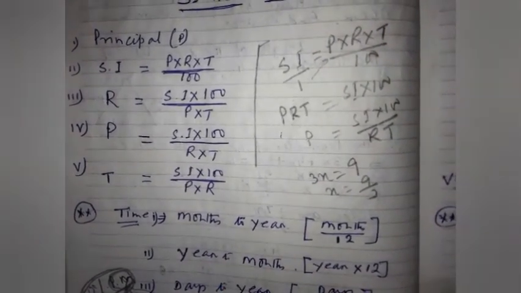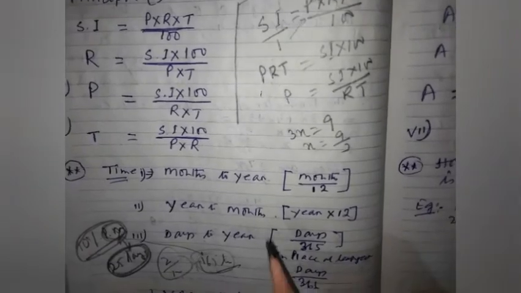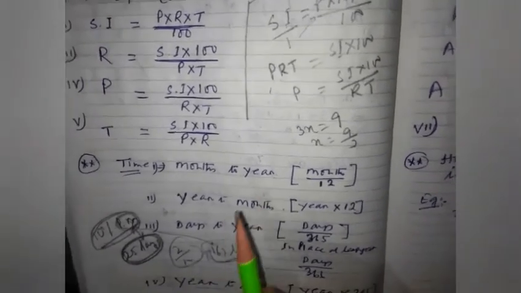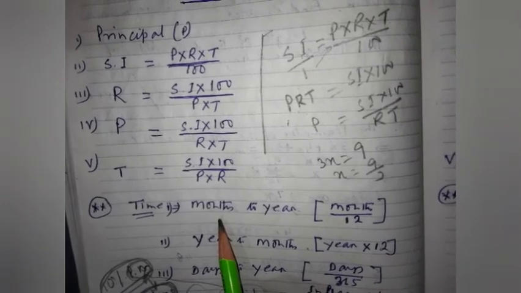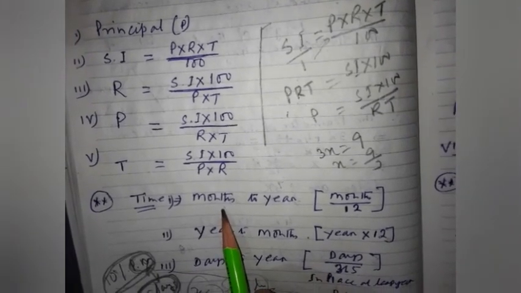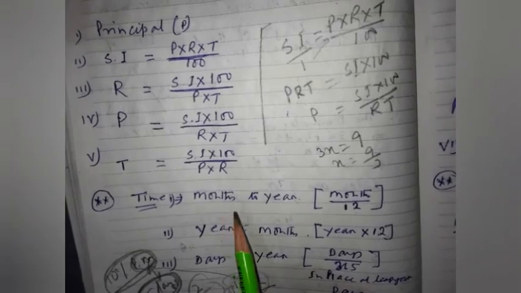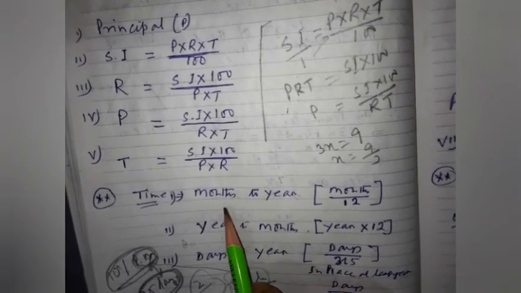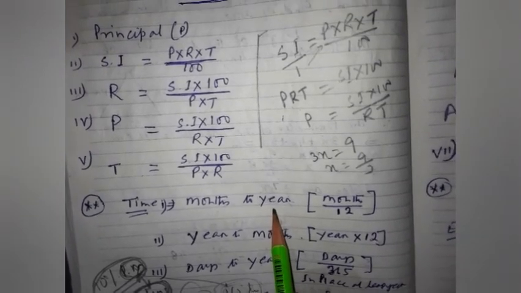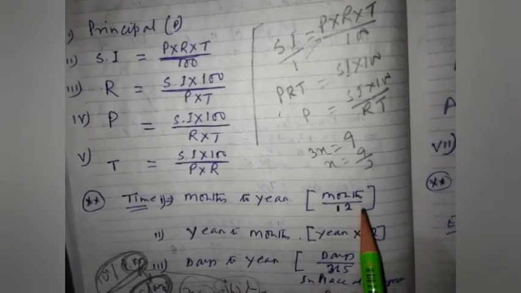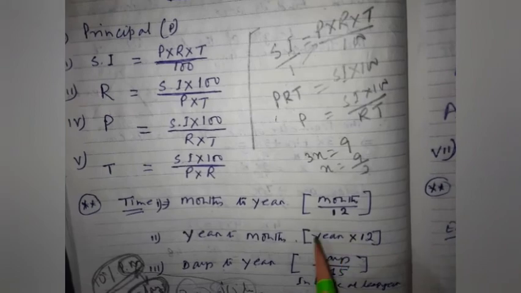And one more most important thing I told you: how to convert the time into the time given in the rate. If the time is given as 5 months for calculating the simple interest, but the rate is given per year, then the months have to be converted into years. Whatever months are given, divide them by 12.